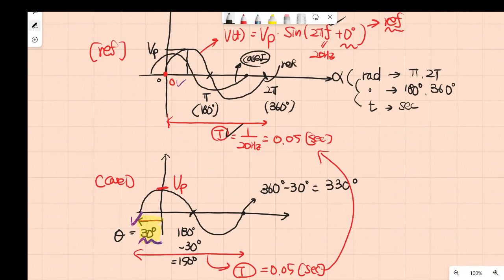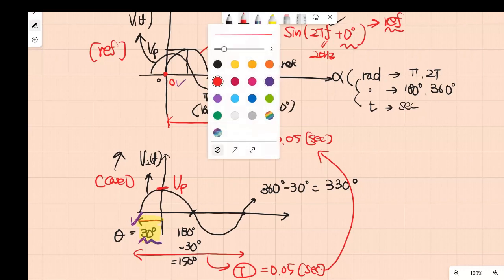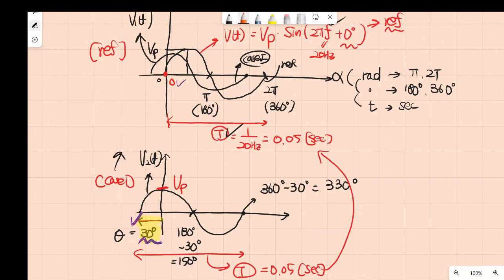Say that graph is v sub 2 of t, and this is v sub 1 of t. We write that v2(t) is leading v1(t) by 30 degrees.